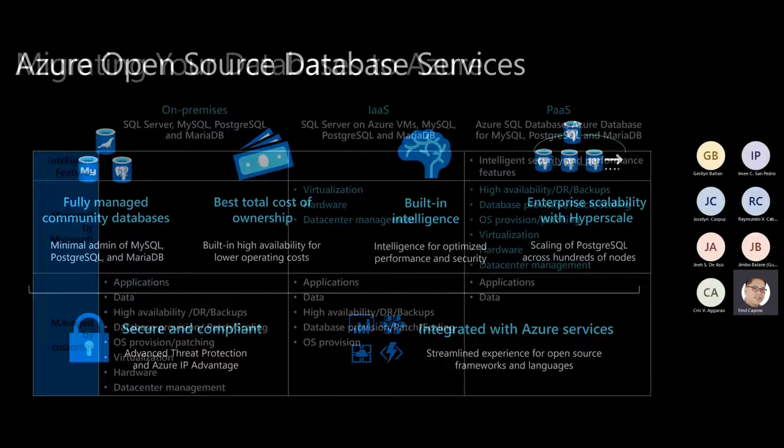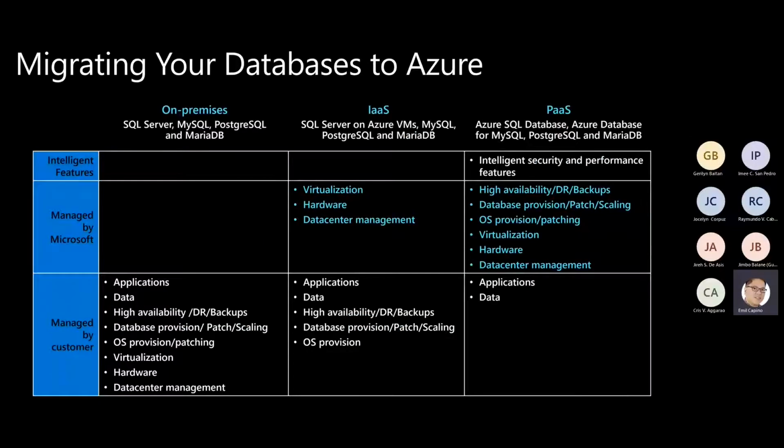Okay, to wrap up part one. So this summarizes what you need to consider when migrating your databases to Azure. On column one, these are your on-premises responsibilities, meaning on-premise, you need to manage your applications, your data, your disaster recovery, high availability, backups, and so on, including database provisioning, patching, and so on.